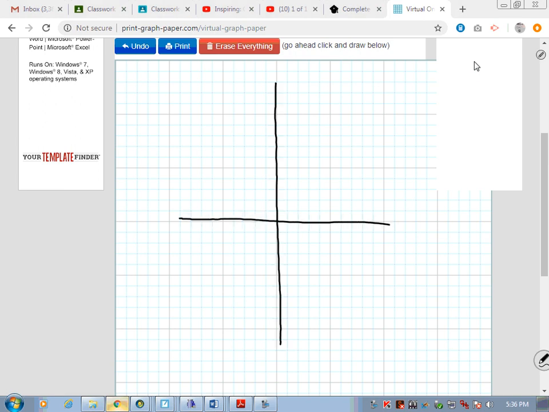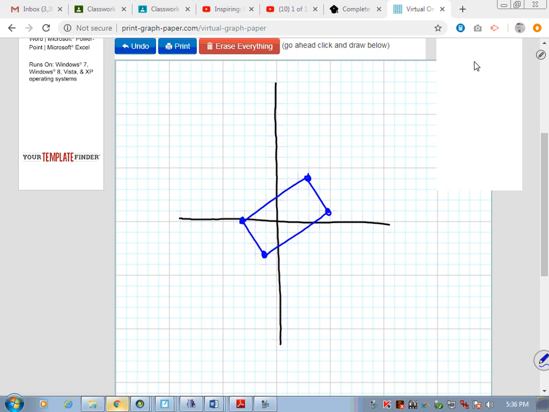We've got -3, 0. So right there. We've got 3, 4. Right there. We've got 5, 1. 1, 2, 3, 4, 5, 1. And we've got -1, -3. So eyeballing it looks like a rectangle.